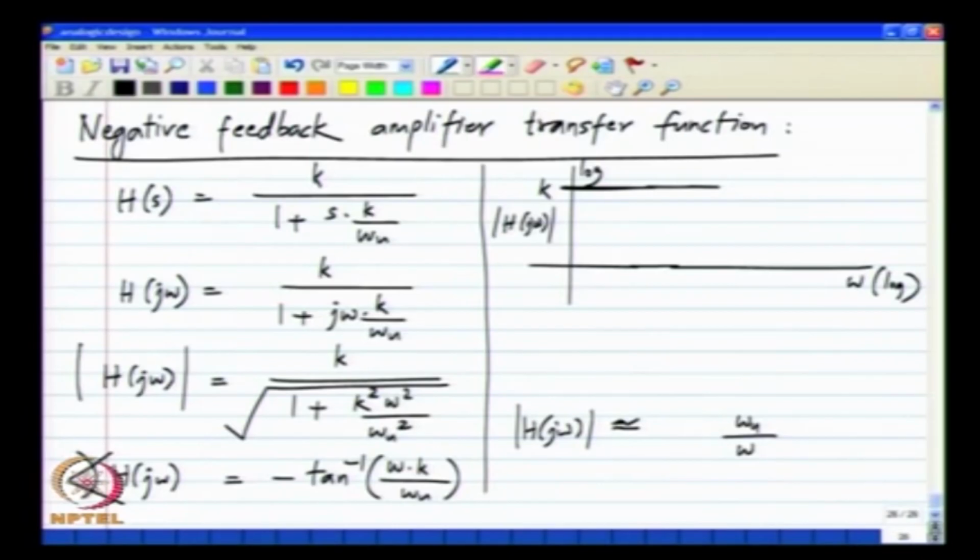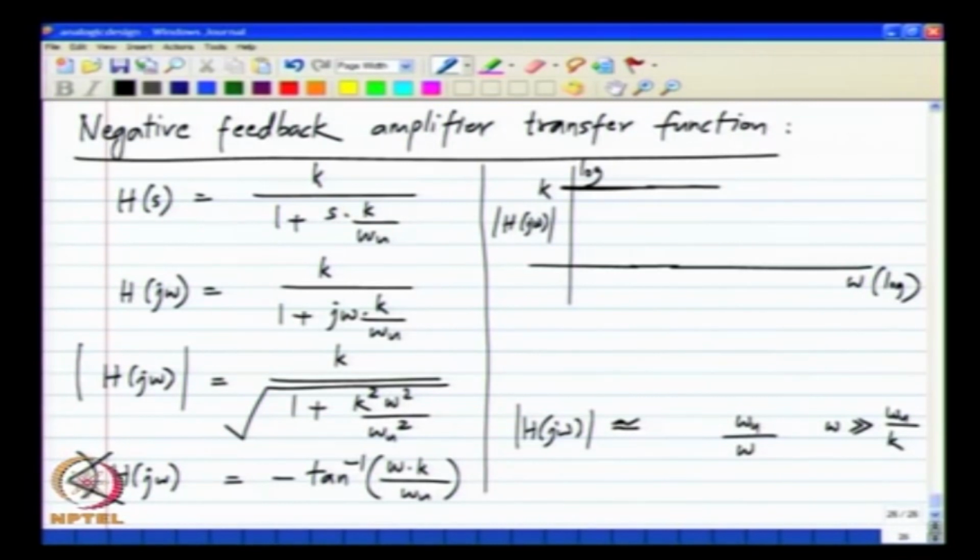What I have done is to simply neglect the 1 here. So, in the denominator I get square root of k square omega square by omega u square, which is nothing but k times omega by omega u, and k cancels out and you simply get H of j omega approximately equal to omega u divided by omega. And this is an approximation that is valid for omega much more than omega u divided by k.